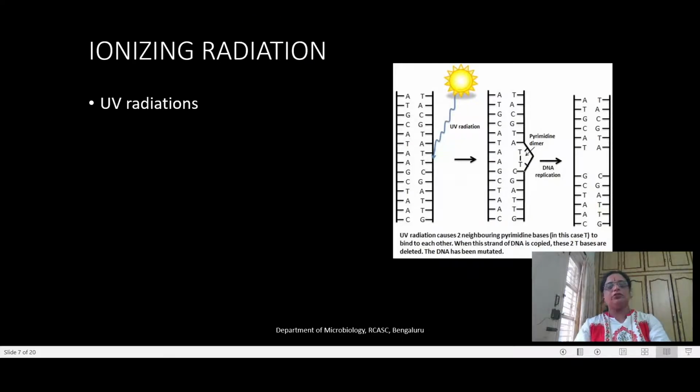Then coming to the usage of ionizing radiation. One of the common methods of killing microorganisms is by usage of UV radiation.